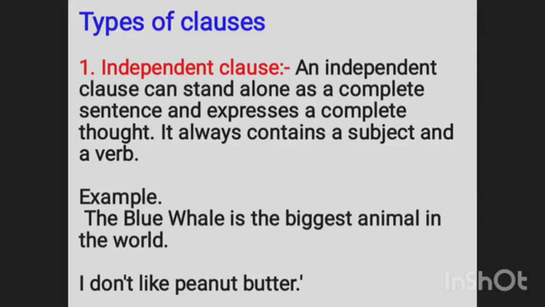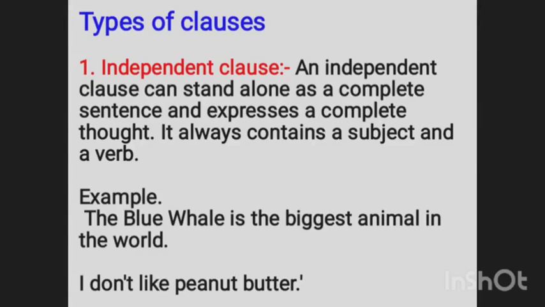Independent clauses are clauses that stand alone and they are a complete sentence, and they also express a complete thought. They can stand alone and they can express a complete thought, and they also contain a subject and a verb.